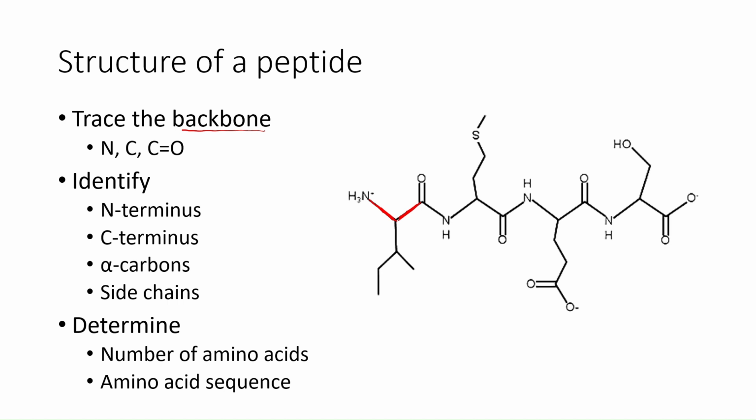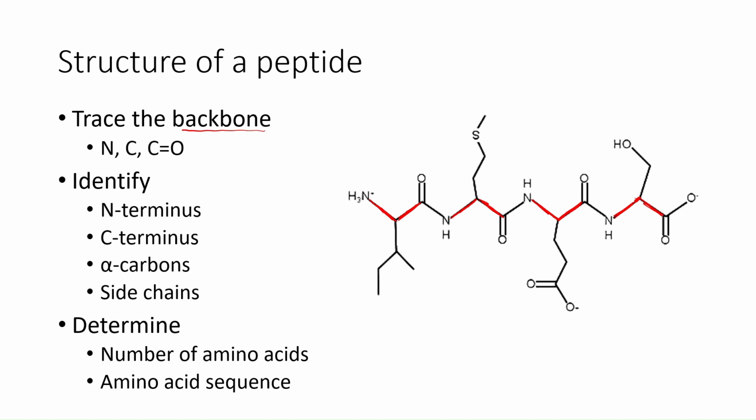Our second amino acid starts with our amino group bonded to our alpha carbon here, followed by the carboxyl carbon. Our third one starts here with our amino group bonded to our alpha carbon, bonded to our carboxyl carbon. And our last one starts with our amino group, goes to our alpha carbon, ends with the carboxyl carbon.